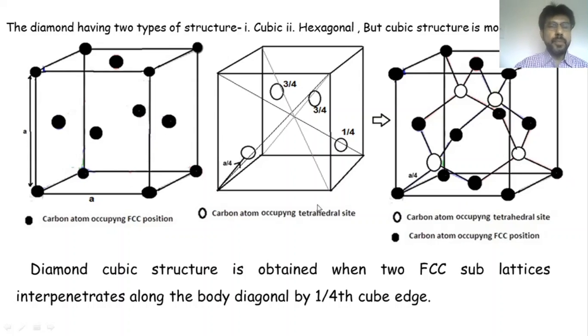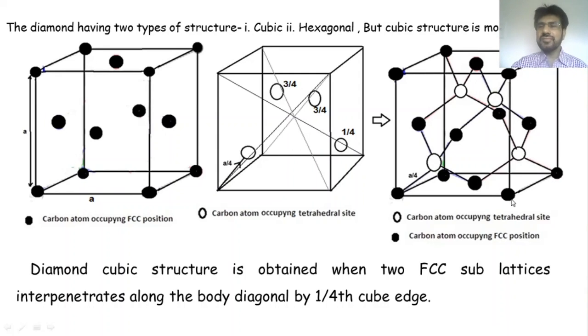And if we penetrate this unit cell into this FCC type of unit cell along the body diagonal by 1/4 of the edge of the cube, then the final structure will look like this.